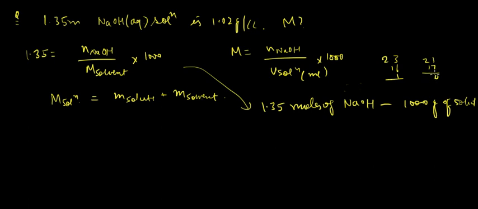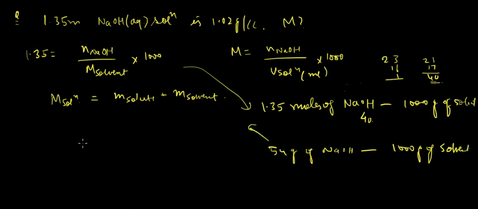Which would be 40. 40 multiplied by 1.35 would give us 54 grams of NaOH present with 1000 gram of solvent. So the mass of solution would be 1054 grams.